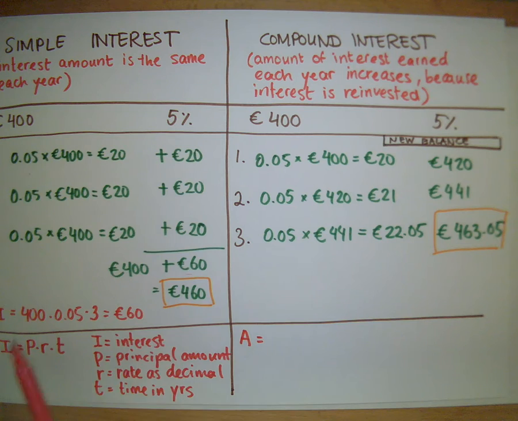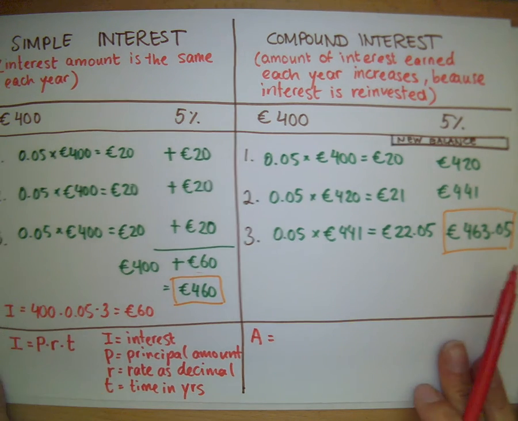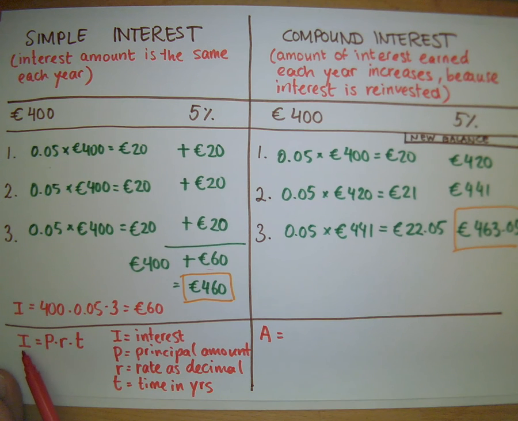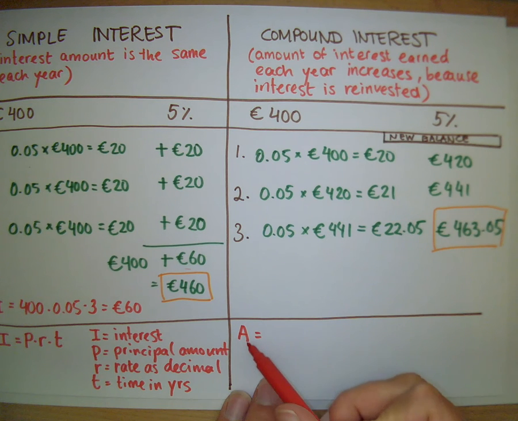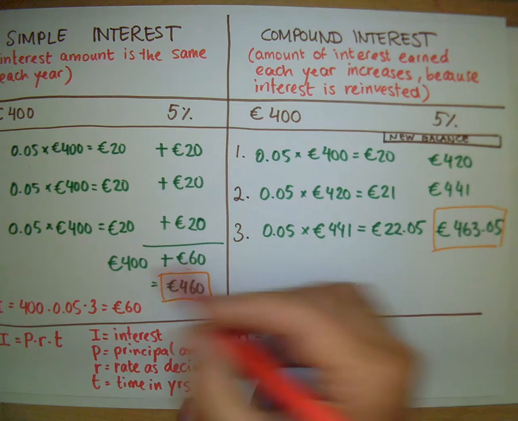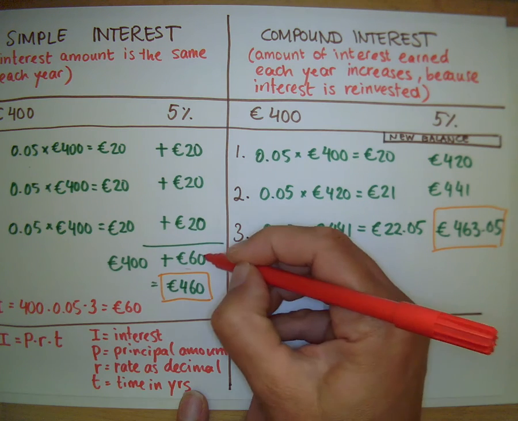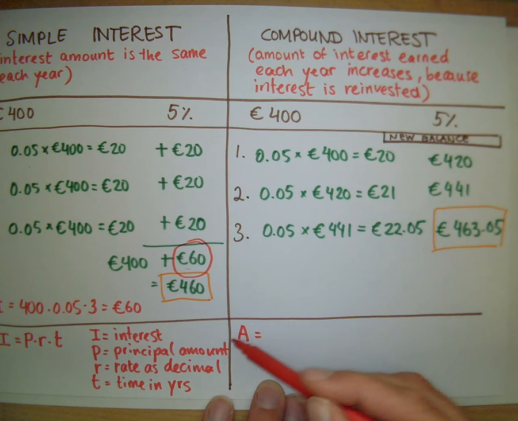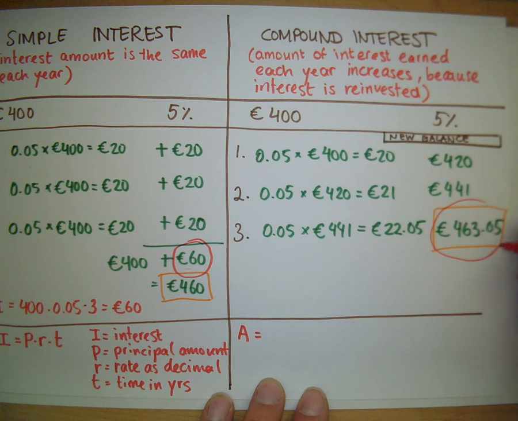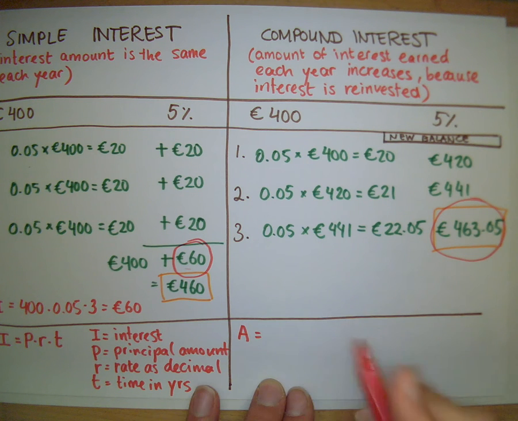And be careful, because while for simple interest we are calculating the interest earned in total, for compound interest we're actually directly calculating the total amount at the end. So here we were calculating I, the interest in total earned. Here we're calculating what is our end balance, so the full amount, right?